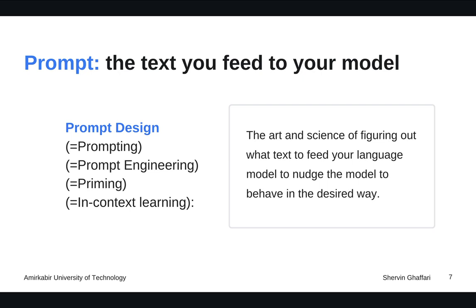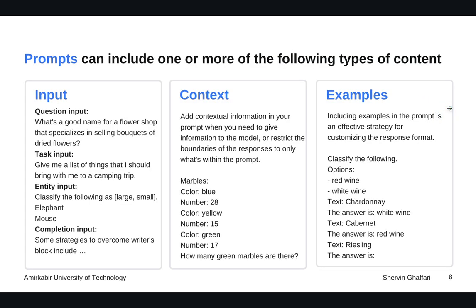Ideally, we expect the response to be provided by an expert human in a desired way. So we need to ensure that our prompt, the text given to the model, is created thoughtfully and intellectually. You can see here that a prompt can include one or more of the following types.